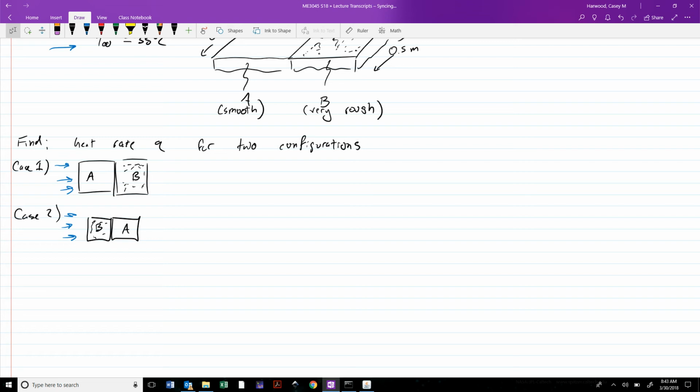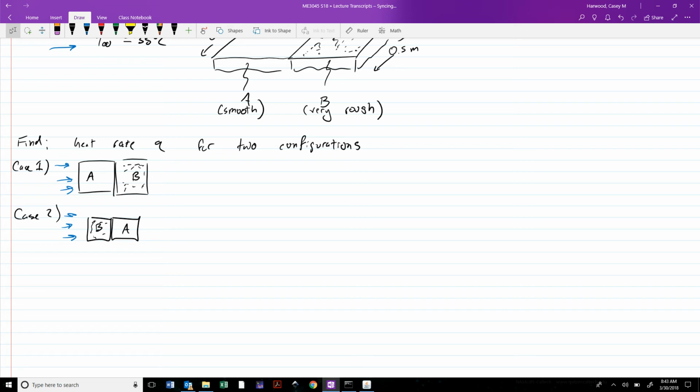So what we're going to have to figure out is our strategy. For case 1, does the flow transition to turbulence when it hits B, or does it transition to turbulence on its own while it's still on the smooth plate? If it transitions on its own, then we just get to use that equation that's given to us in the back of the book for the natural transition at a critical Reynolds number.